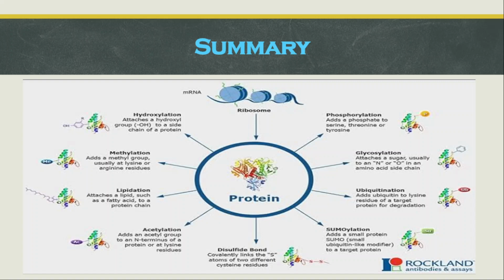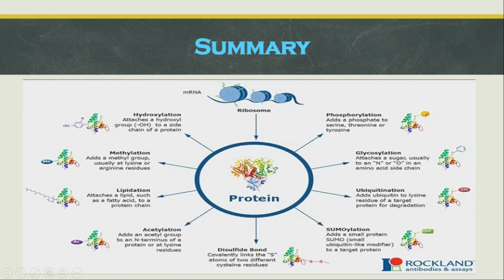And in simple terms, we see some other types of covalent modifications, which include sumoylation. This process adds a small protein, SUMO, also called small ubiquitin-like modifier, to a target protein. And hydroxylation attaches a hydroxyl group, then in methylation a methyl group is added, and lipidation attaches a lipid.